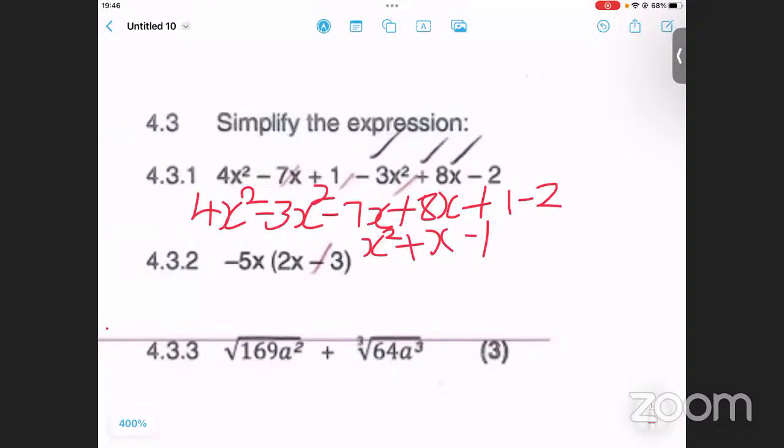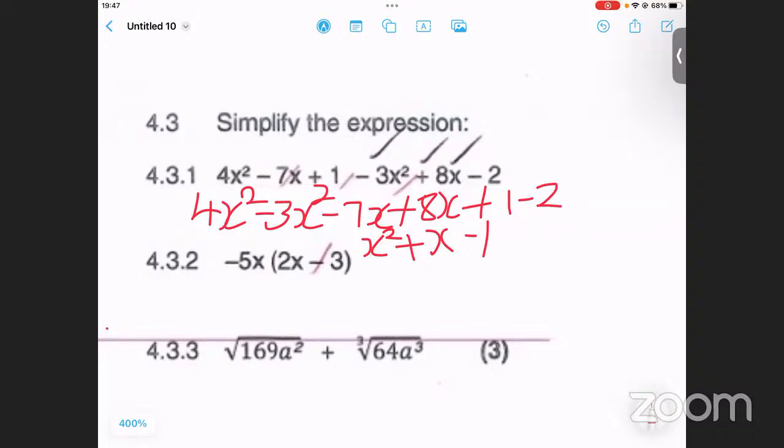Now let's go to 4.3.2. They say the expression is negative 5x into 2x minus 3. Now, how do we simplify this expression? Now we're gonna multiply the negative 5x into the bracket. So you're gonna get negative 10x squared plus 15x.